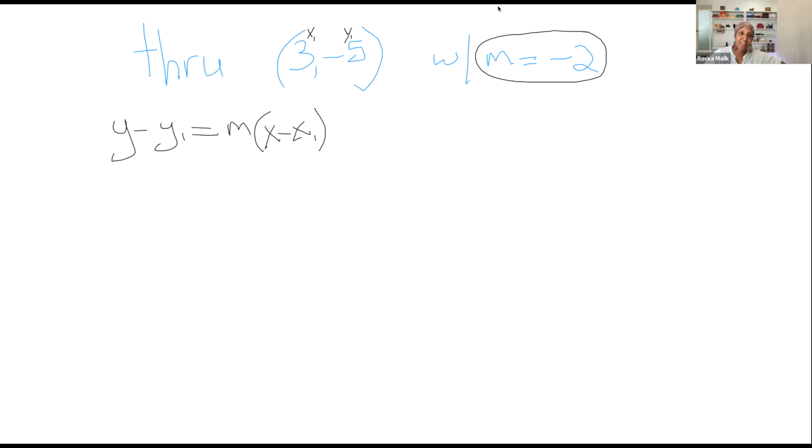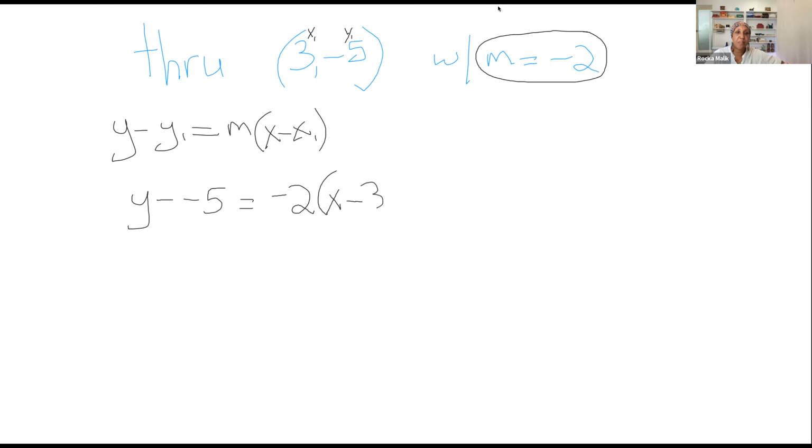So y minus y1, so minus a -5. I write it like this, and then I come back and fix it. Equals my slope, my m, times x minus my x1.